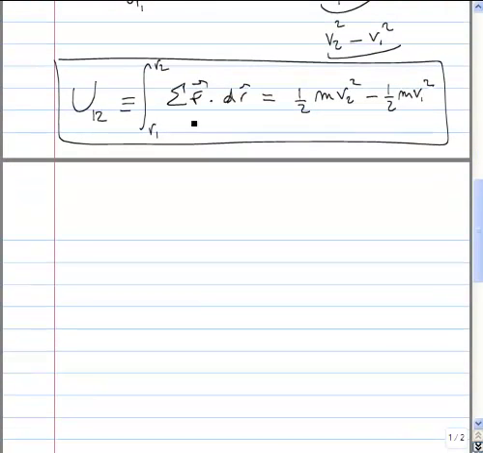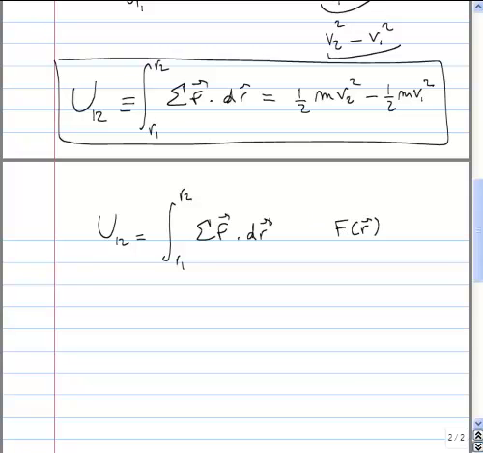So the nice thing about the work definition is that you can either calculate it in terms of the force and the displacement. So this version implies that you know the sum of the forces, implies that the forces are a function of the position, and this implies that you know the path along which those forces are being applied to this object.